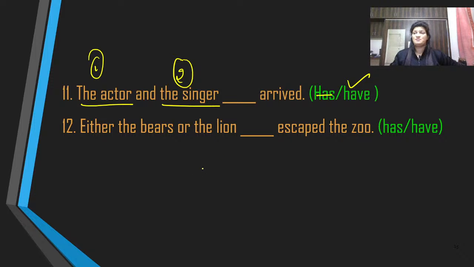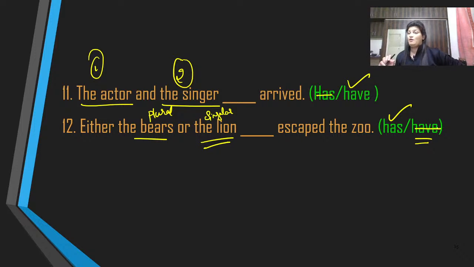Why not have? Can somebody tell me why not have? You do have two subjects over here, one plural and one singular, right? Why would you not go with have here, and why would you go with has? Has is a correct answer, but I would like your justification.